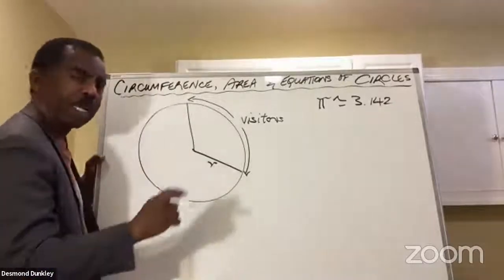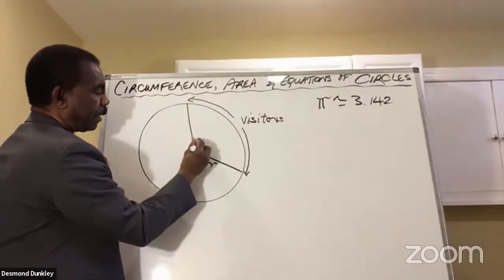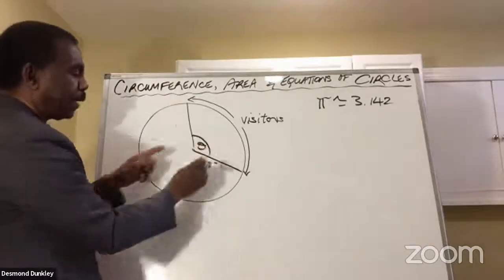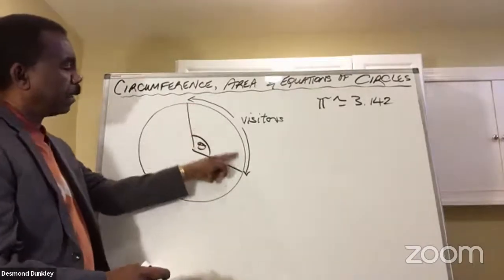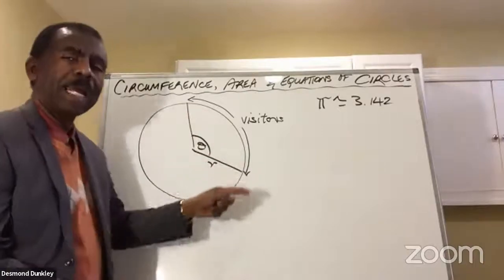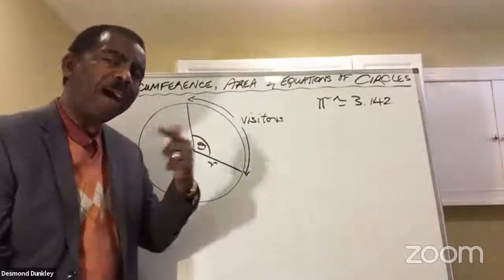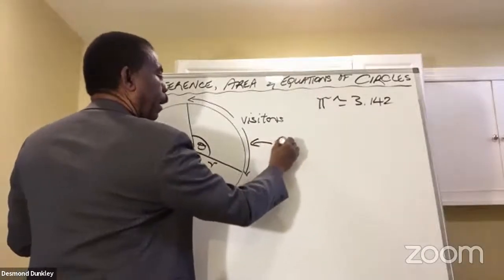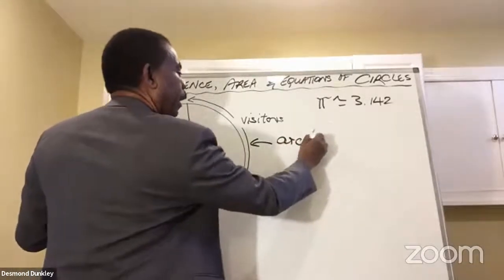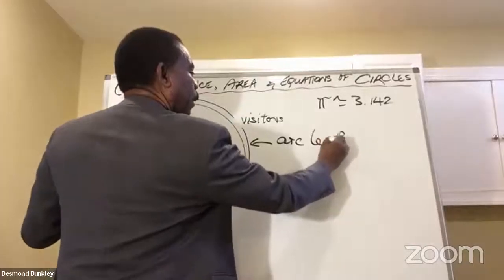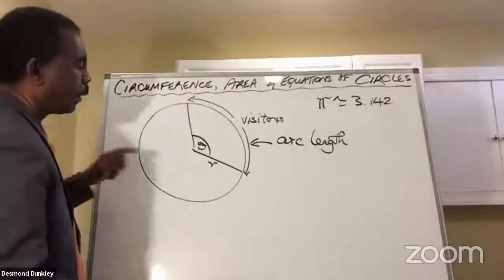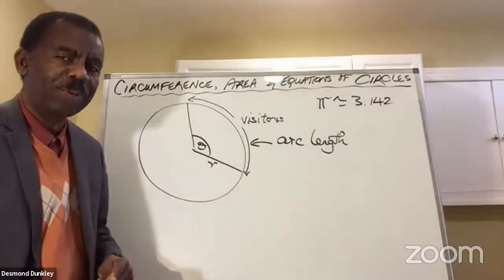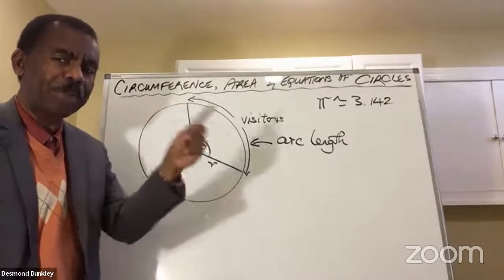Well, do you agree that the bigger this angle is, the bigger this length will be, and this is called the arc length. We call this arc length. So it's a portion of your circumference, not the entire circle, but a portion of the circumference.